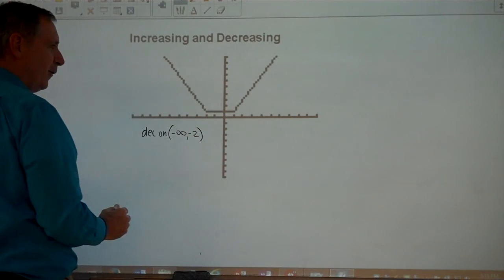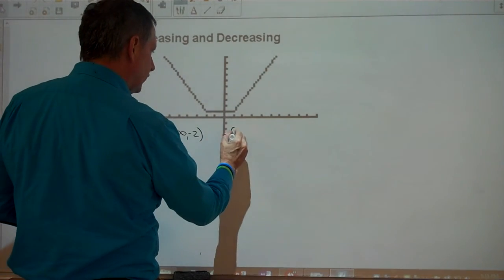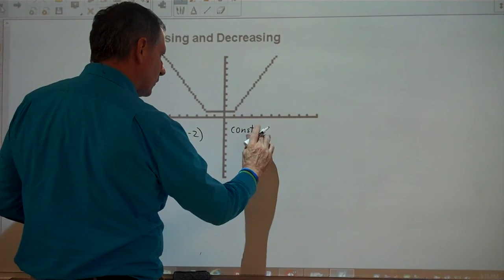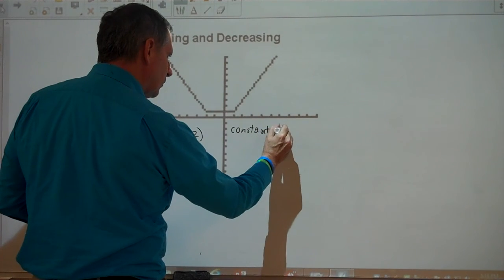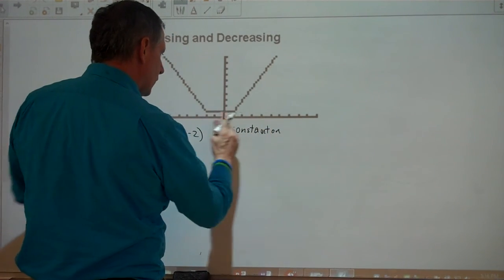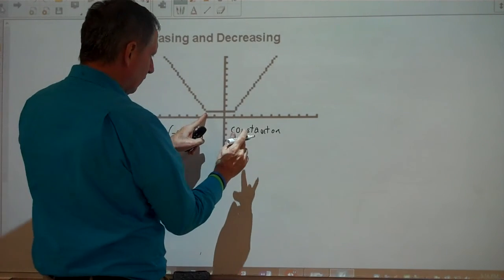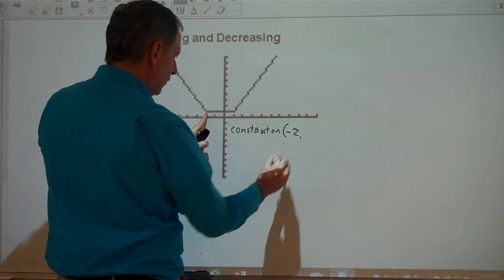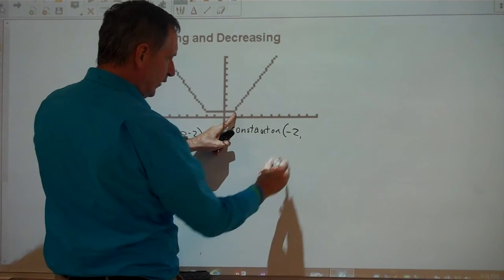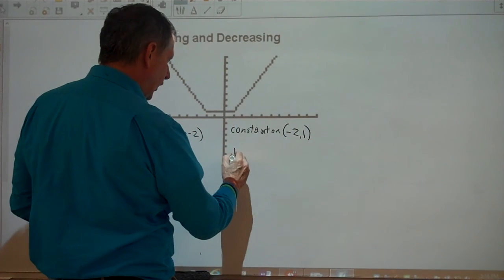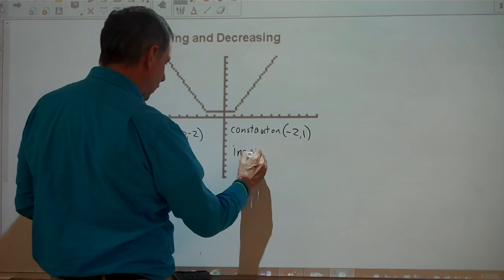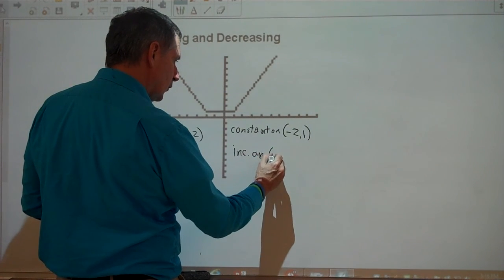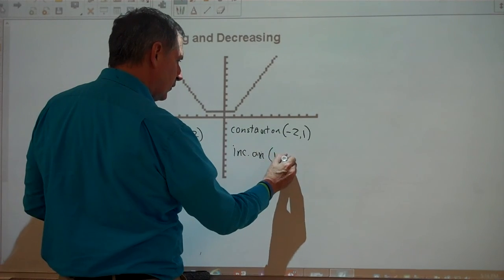So decreasing on that interval, and constant on the interval, we're going to have negative 2 to x equals 1. And finally we have increasing on x equals 1 to less than infinity.